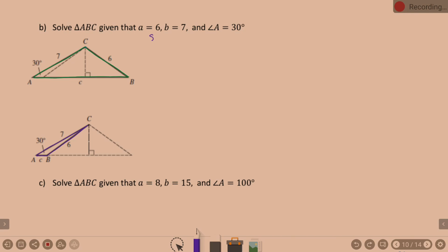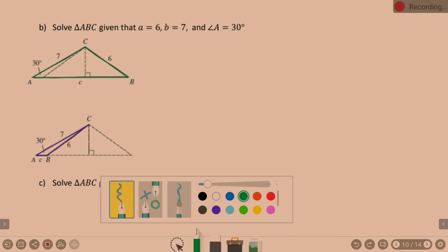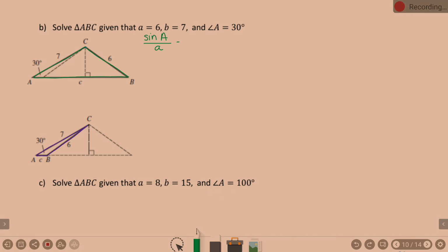So however you want to set yours up, I'm going to do sine A over A equaling sine B over B. What do we know? Sine of 30 degrees over 6 is equal to sine of B that we don't know over 7.